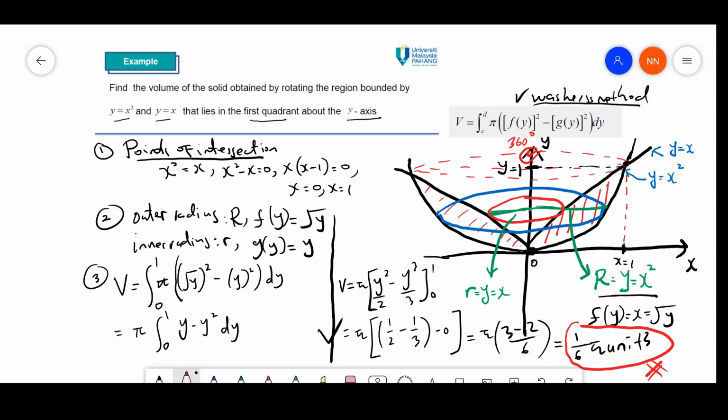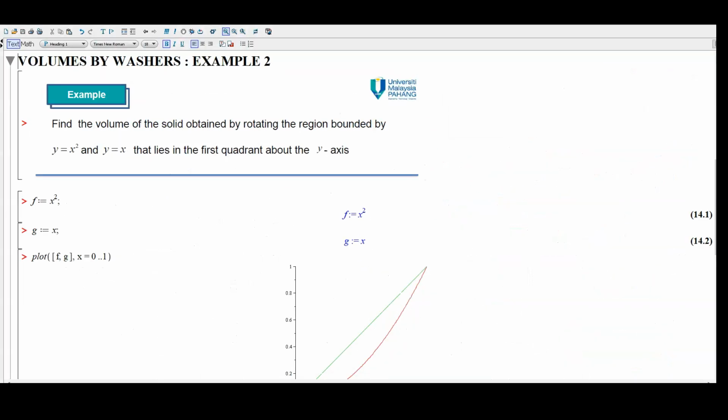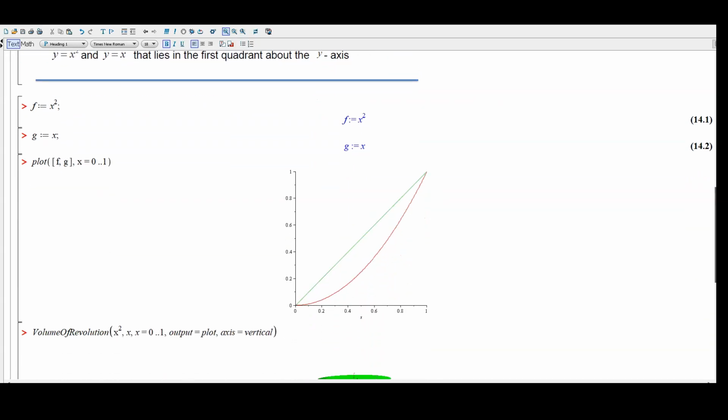Okay, if I can show you the Maple, it's more clear in terms of sketching. The same problem, volume, we want to solve by using Washer, for example, y equals x squared, y equals x, revolved about the y-axis. If I plot these two functions on the same axis as we did before, we have this curve.